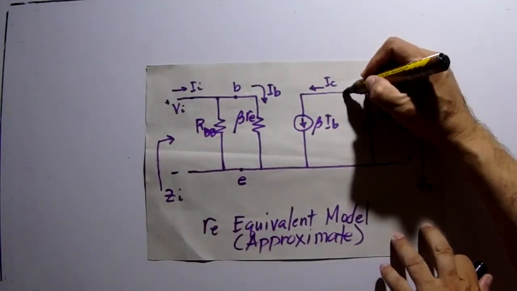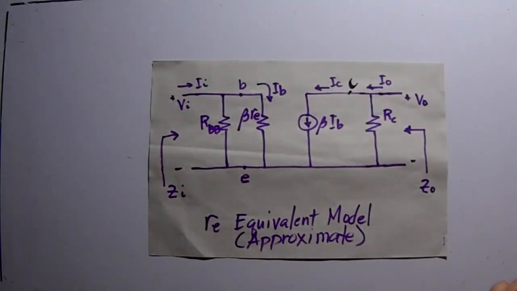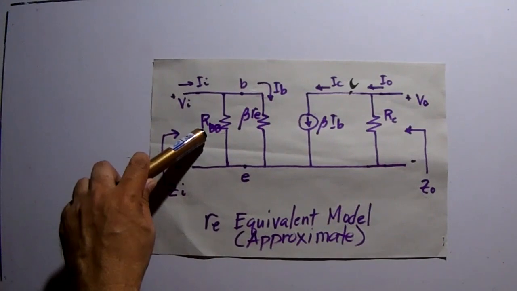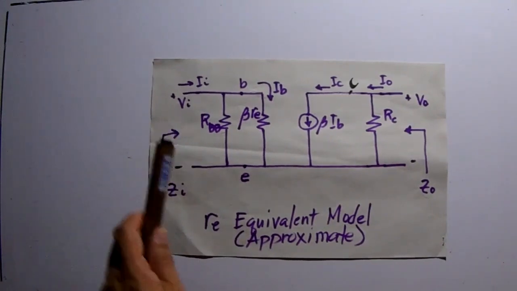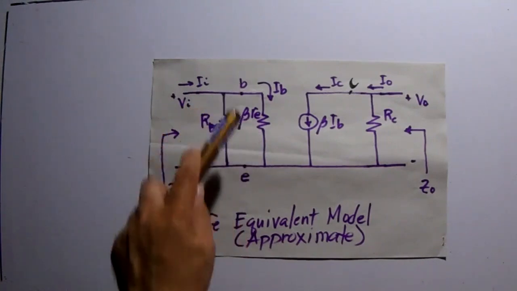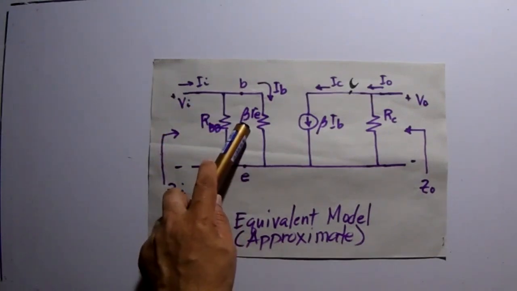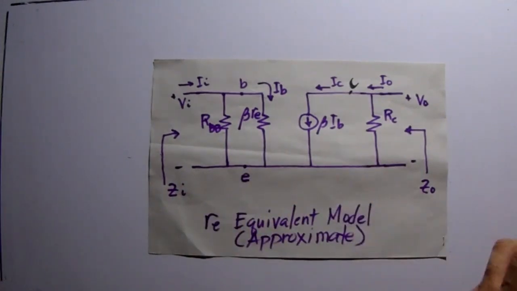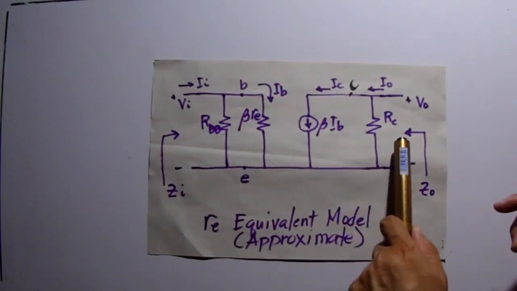This is our collector side, and we have RBB, which is just the parallel combination of RB1 and RB2. The approximate resistance from base to emitter is beta re. This is our current source, beta IB, and RC.